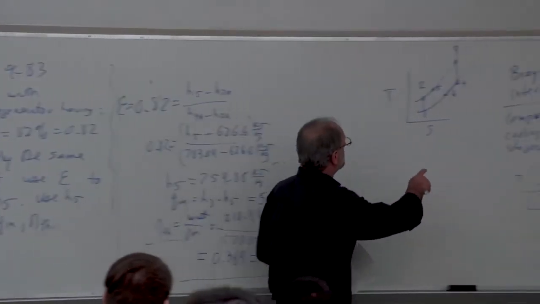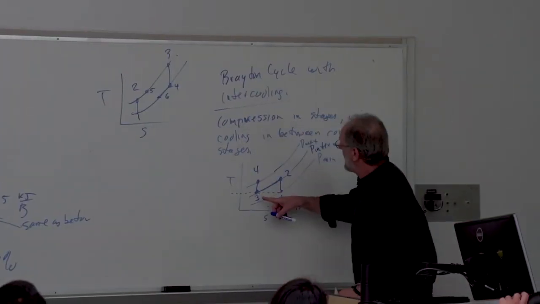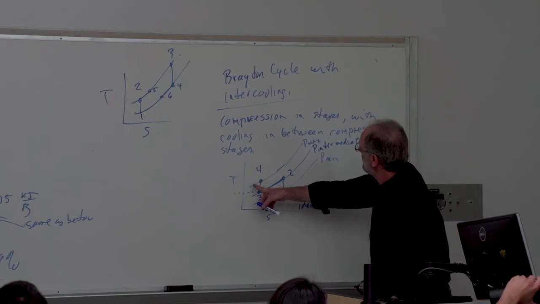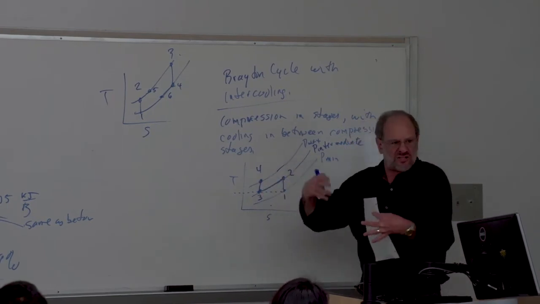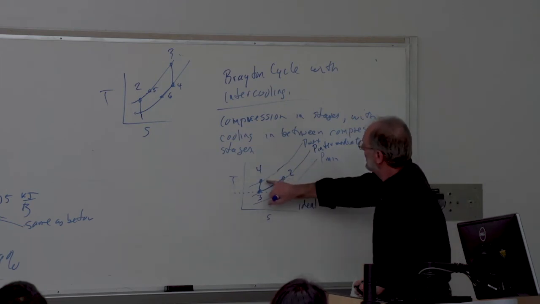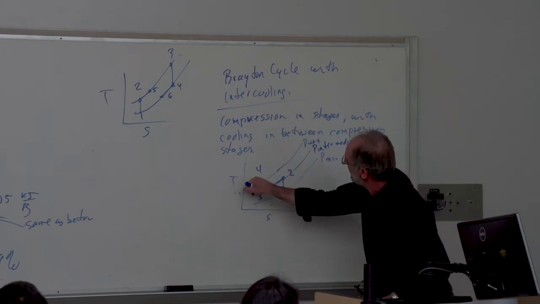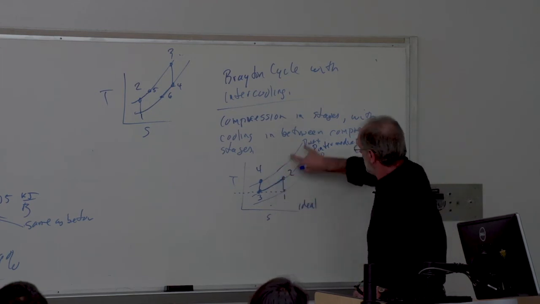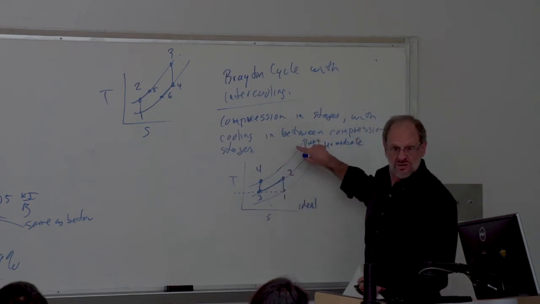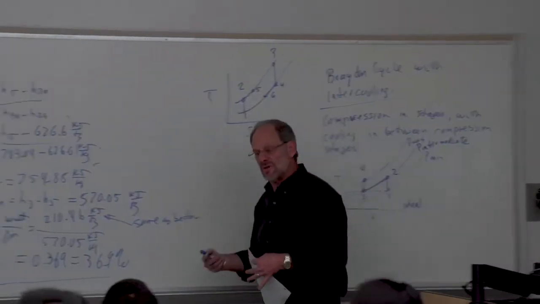Oh, here's my diagram. You might note that we're going to end up with a temperature here when we add heat, assuming that we add essentially the same amount of heat as we would have before. Adding heat from this point 4 instead of this point, which would be point 2 up here, we're going to end up with a lower peak temperature. Okay? And that's going to be good for materials reasons. Okay?